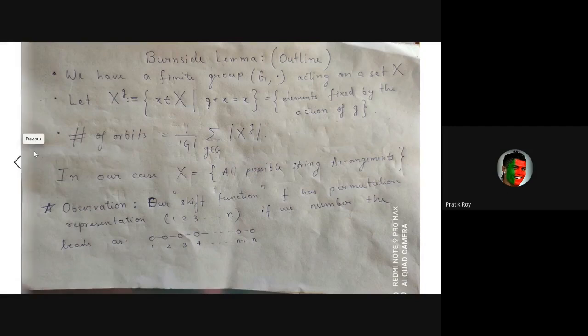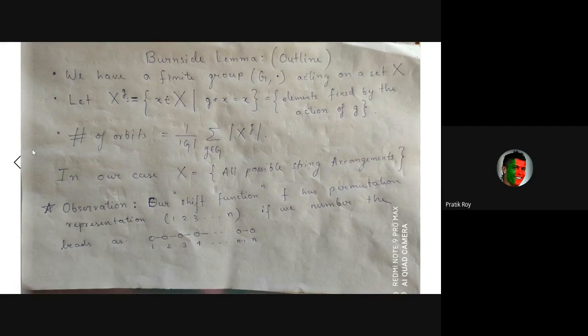So what the lemma says is that we have a finite group G acting on a set, let the set be X, and let Xg be the set of all elements of the set which are fixed by this particular element g of the group G. Then the lemma says the number of orbits is 1 by the cardinality of G, summation over all such elements g of G of the cardinality of Xg, that is, the elements fixed by the action of g.